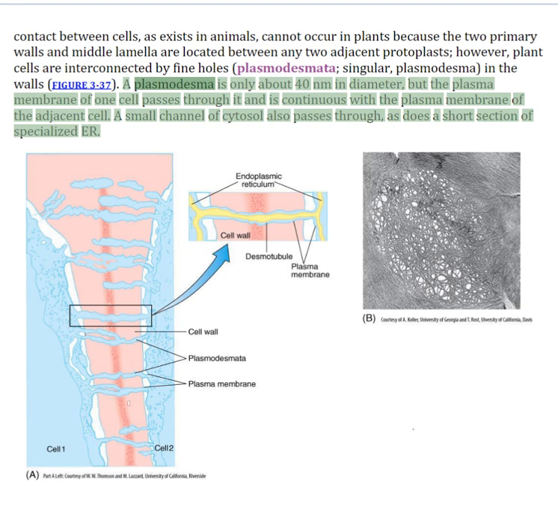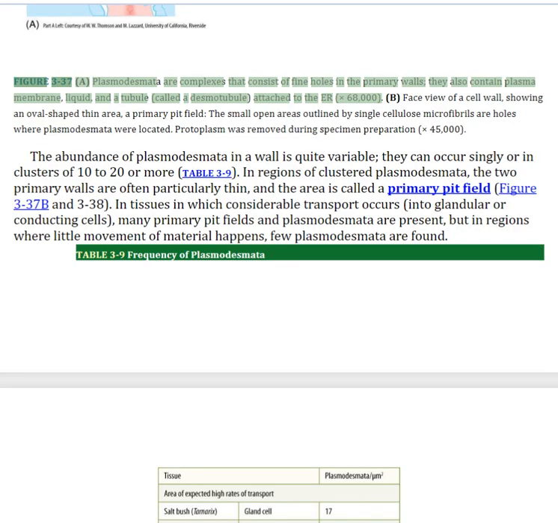A plasmodesma is only about 40 nanometers in diameter, but the plasma membrane of one cell passes through it and is continuous with the plasma membrane of the adjacent cell. A small channel of cytosol also passes through, as does a short section of specialized ER. Figure 3.37. Plasmodesmata are complexes that consist of fine holes in the primary walls. They also contain plasma membrane, liquid, and a tubule attached to the ER.